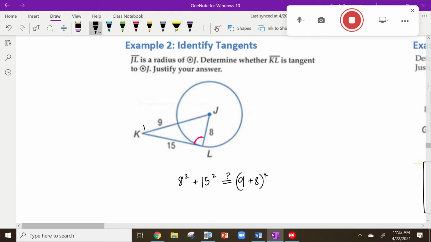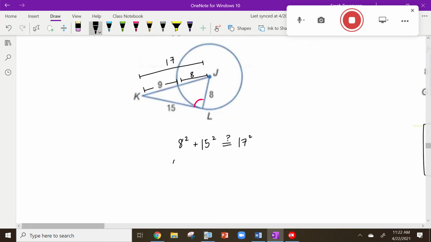Notice that 9 is on the outside of this segment. 8 would be the rest of this segment since it's another radius. So altogether, segment KJ has a length of 17. So if you wanted, you could just put 17 squared. So now let's check this. 8 squared is 64. 15 squared is 225.